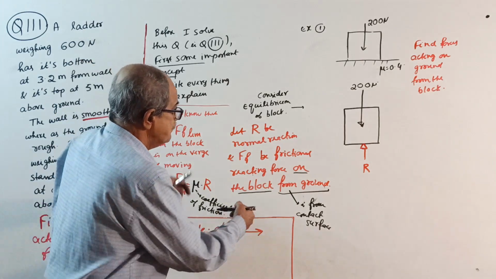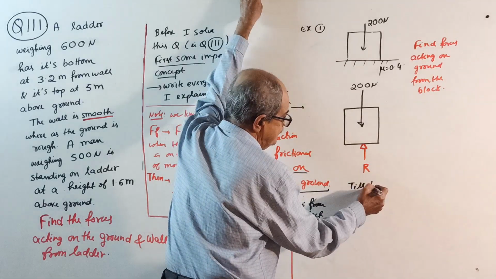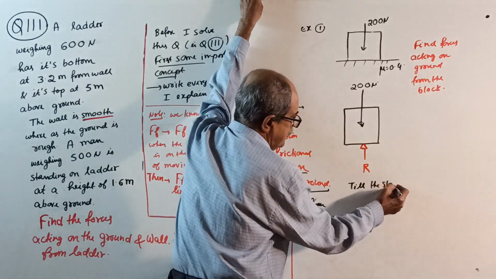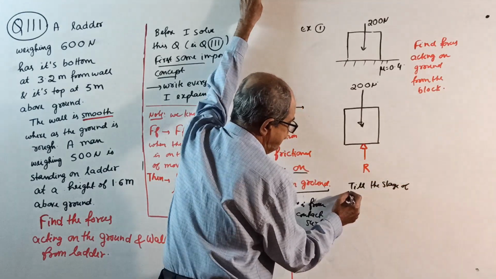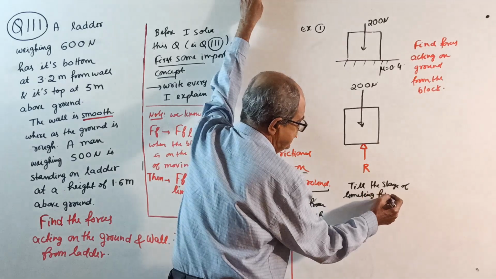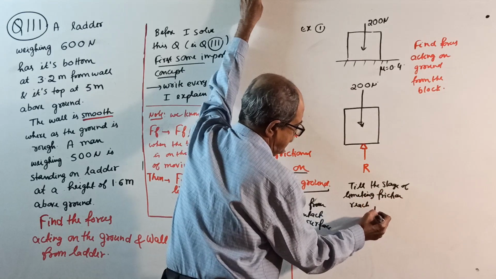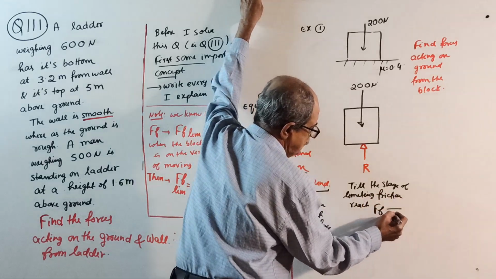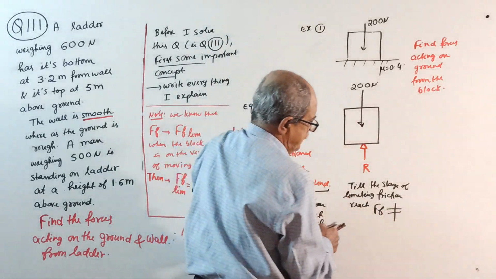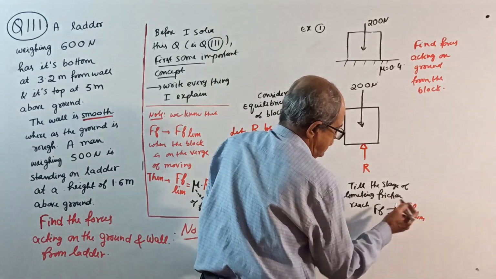Now, add something extra. Till the stage of limiting friction is reached, your FF is not equal to FF limit.